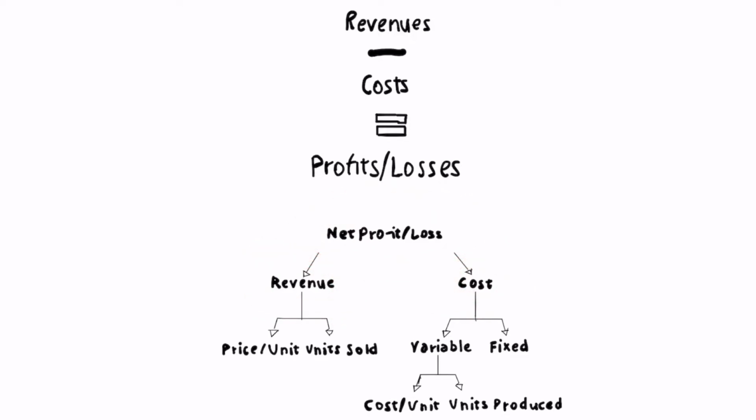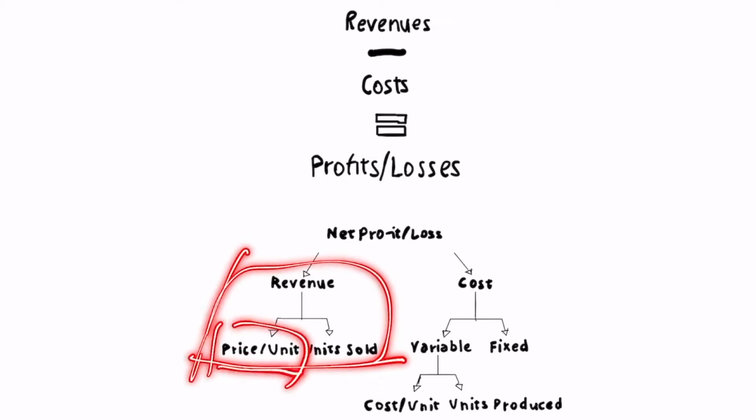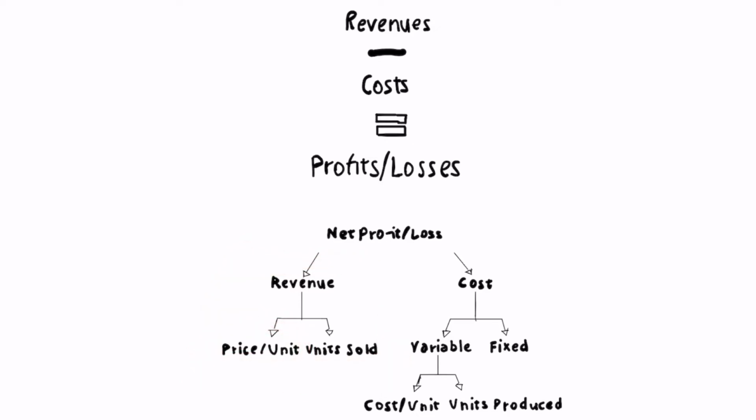But what makes up revenue in the first place? Revenues can be comprised of the price per unit and the units sold, right? So you sell a good or an item that is, let's say, $5, and you sell 100 units. That's how you make $500 in revenue here.